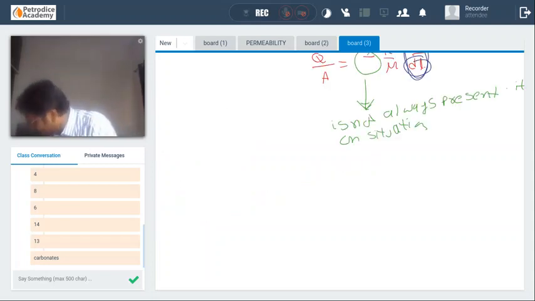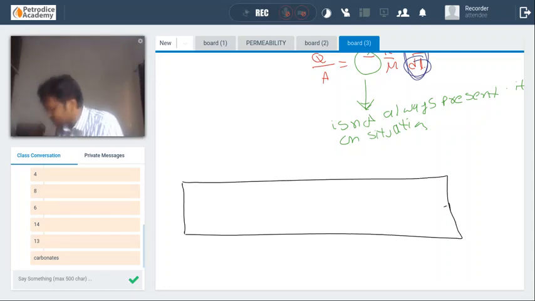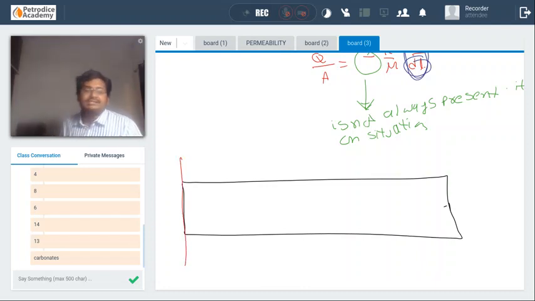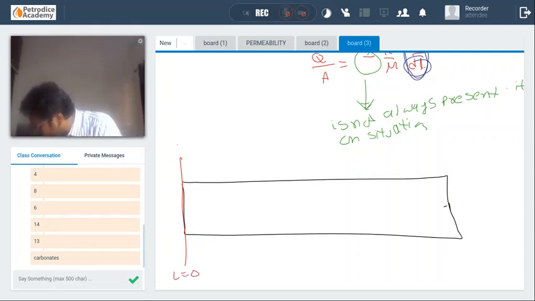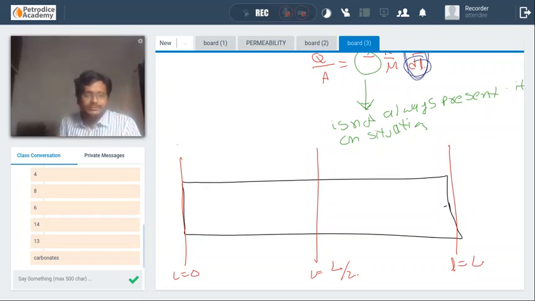Let us take a rectangular core. Generally we take the left-hand side as the reference line, where length is 0. Here length is capital L by 2, and this is L. As we move from left to right, the length is increasing.